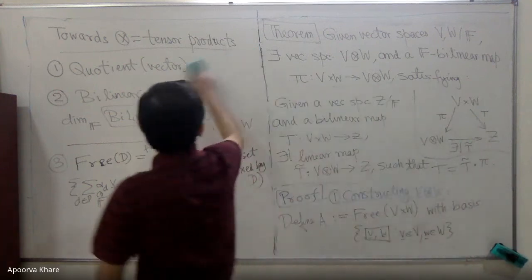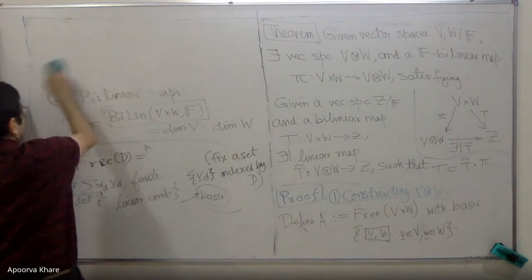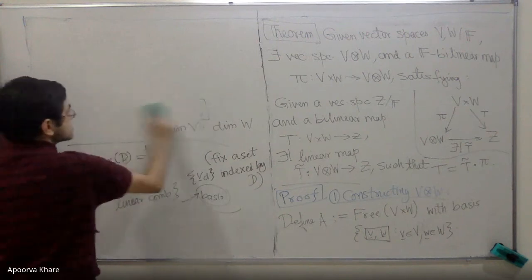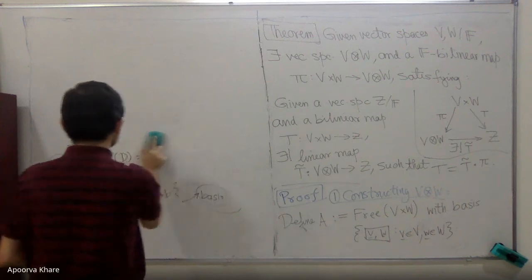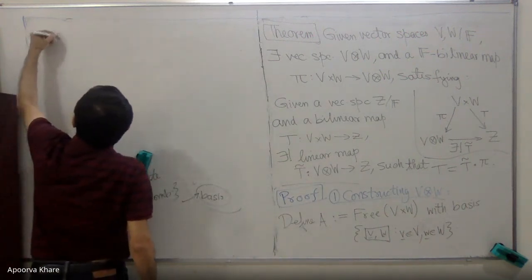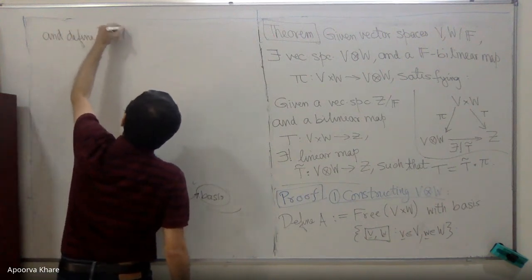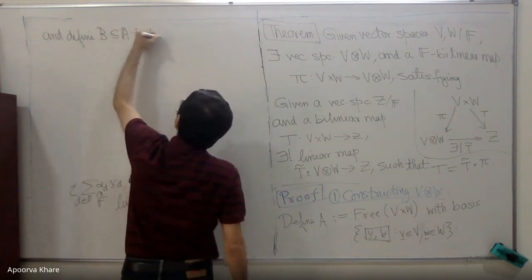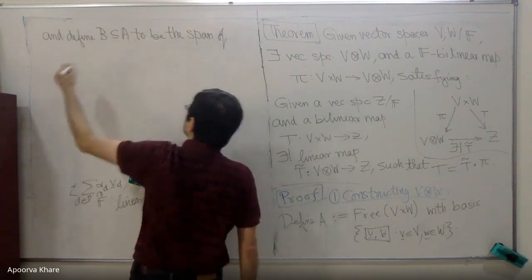Now consider the span of a certain subset of vectors. Now define B to be the span of the following set.